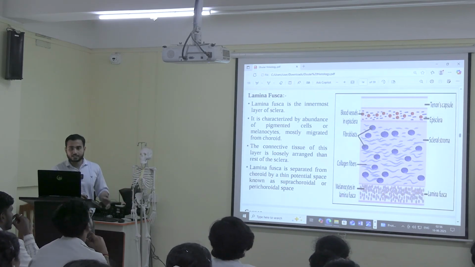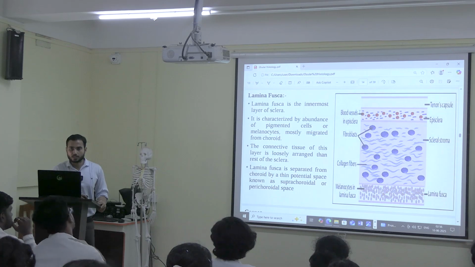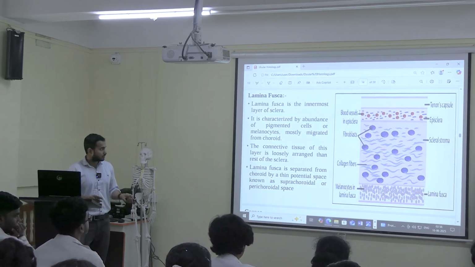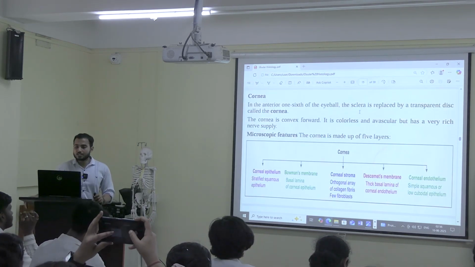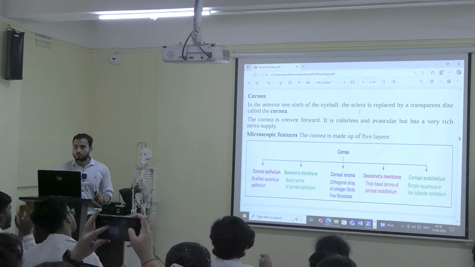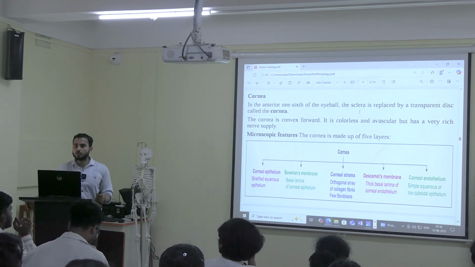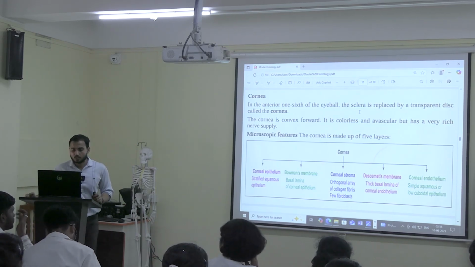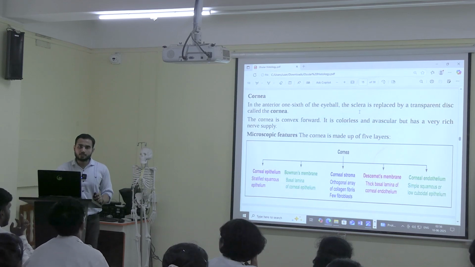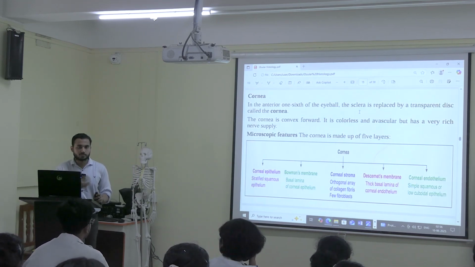Next, after sclera, which is the next one? Cornea. The cornea is the anterior one-sixth of the eyeball, made up of cornea which is transparent in nature. The shape of the cornea is convex, colorless and avascular.